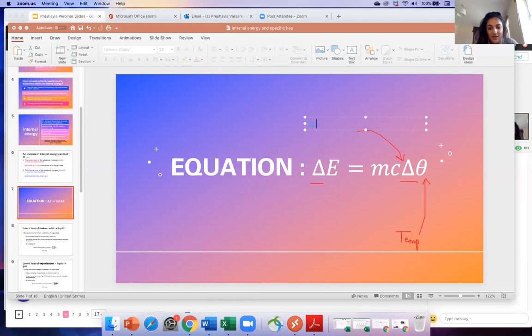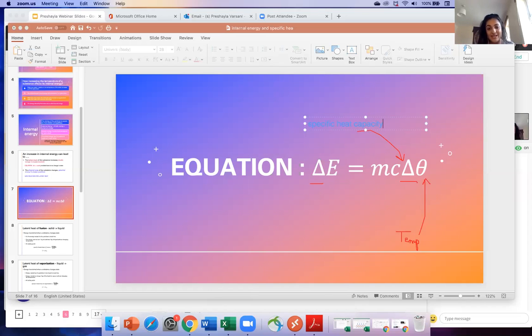Specific heat capacity is a property that is specific to a material. So copper has its own specific heat capacity, water has its own, and so on.